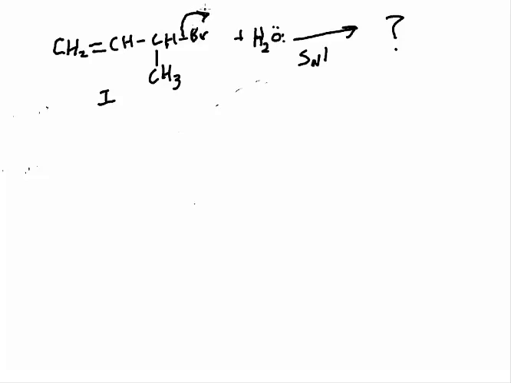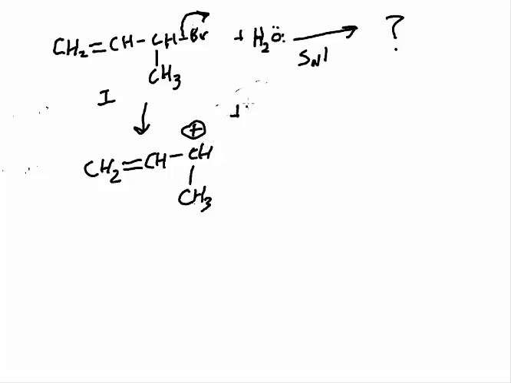And then just draw the simple result of that. Now, the simplest and easiest thing that we would draw would be to show this carbocation, the plus charge on this CH carbon. Bromide ion has now been removed.